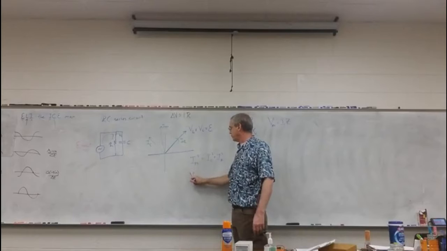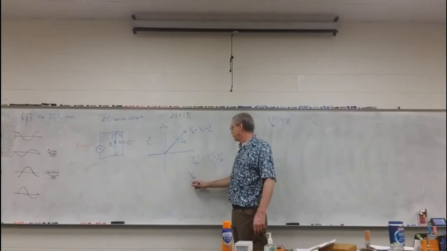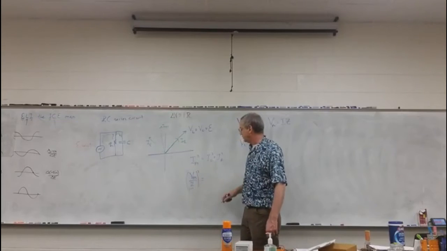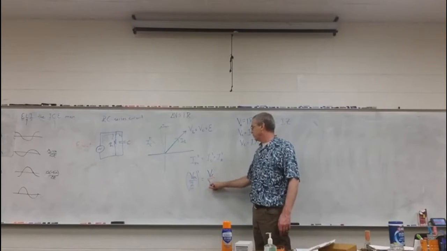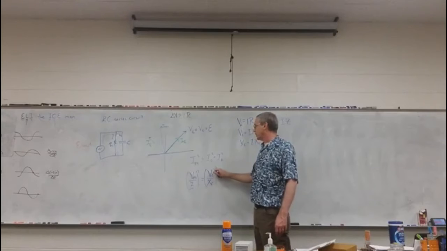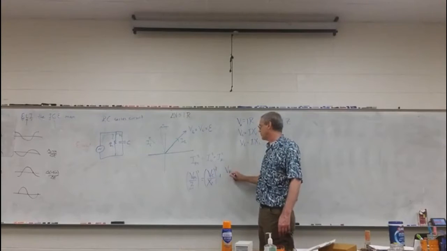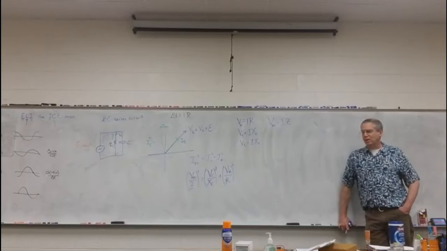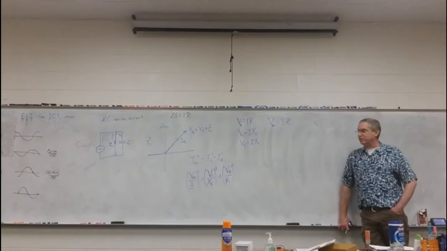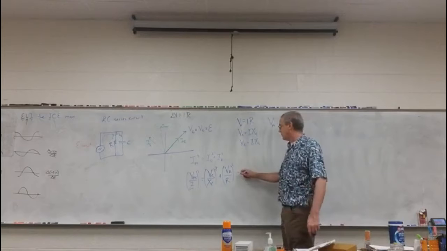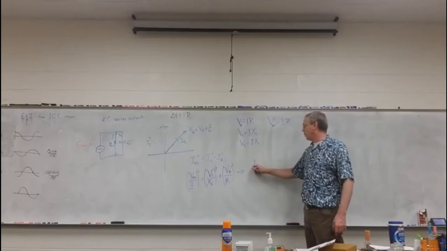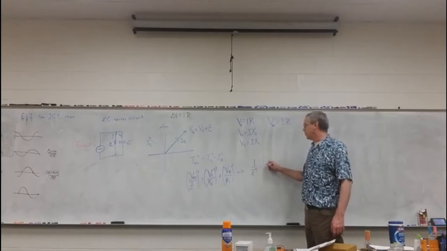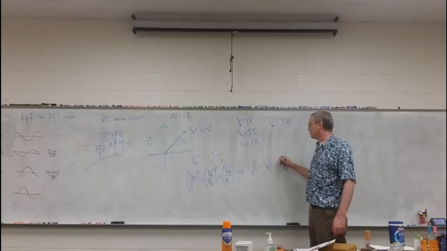So this will be the voltage from the power supply over the impedance squared is equal to the voltage across the capacitor over the capacitive reactance squared plus the voltage across the resistor divided by the resistance squared. All my voltages are the same because they are in parallel. And so dividing that out, I get 1 over Z squared is 1 over X sub C squared plus 1 over R squared.